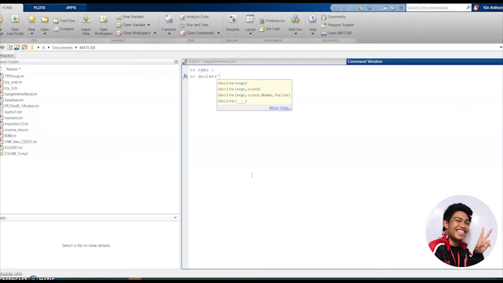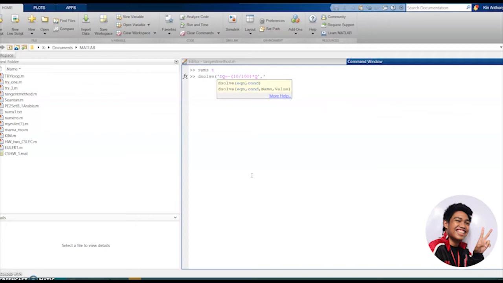Now, to input dq over dt, MATLAB reads dq over dt as Dq, then equals negative 10 over 100. Then we will use an asterisk to multiply q, then separate by a comma.